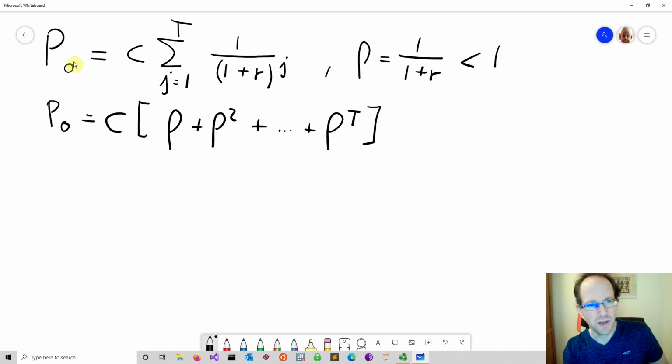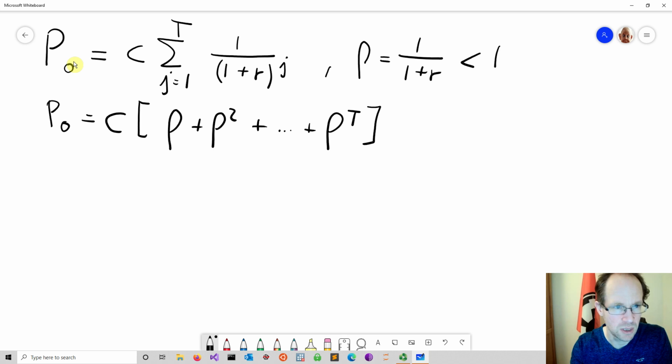The next thing I want to do is look only at one part of this equation, because C is a constant, so it's not massively interesting. Now I just want to look at the value of the second part, which I denote K. You can denote this as you wish.